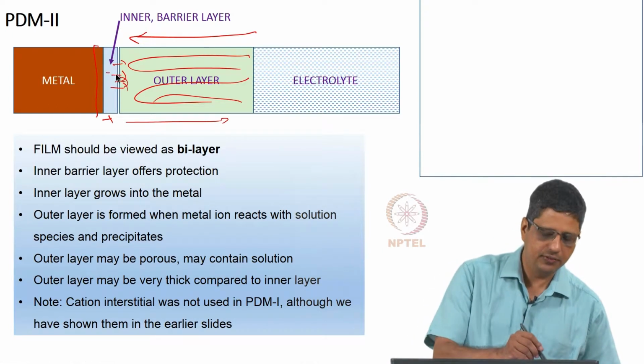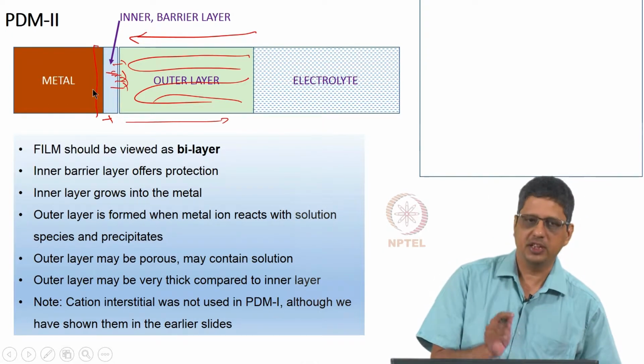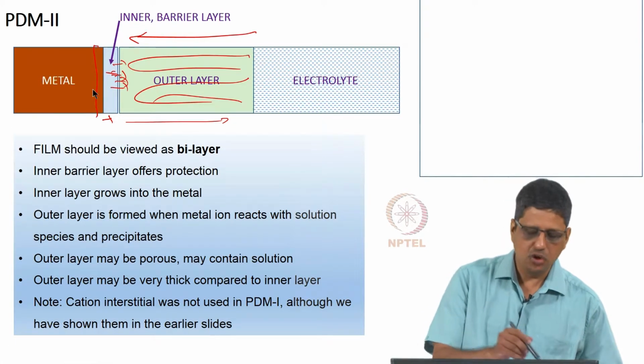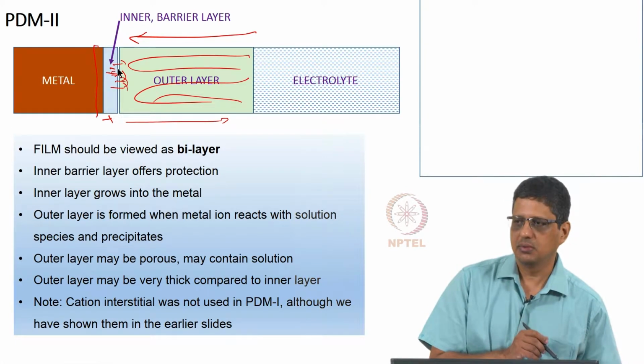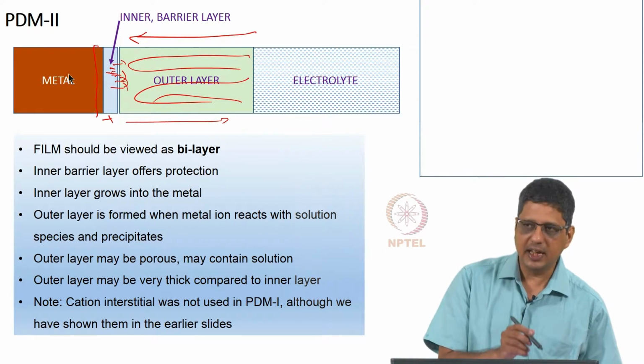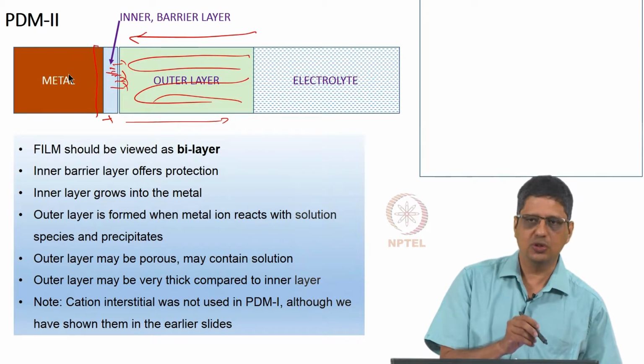But if this film is 1 nanometer thick and if your measurement is, let us say, 5 nanometer or 10 nanometer thickness, you might quickly miss this. It may just sputter through this and quickly pass through. So, it may not be that easy to detect it using other techniques.